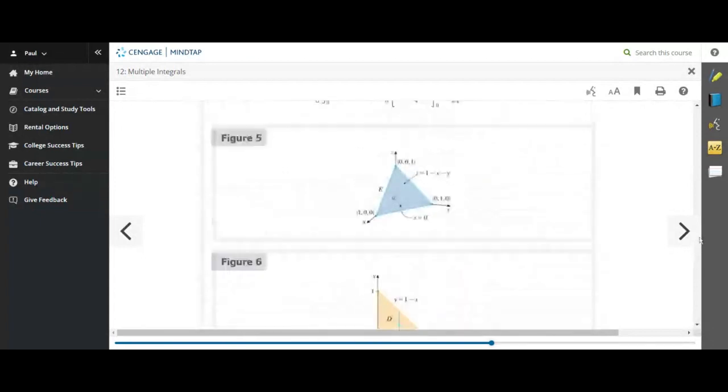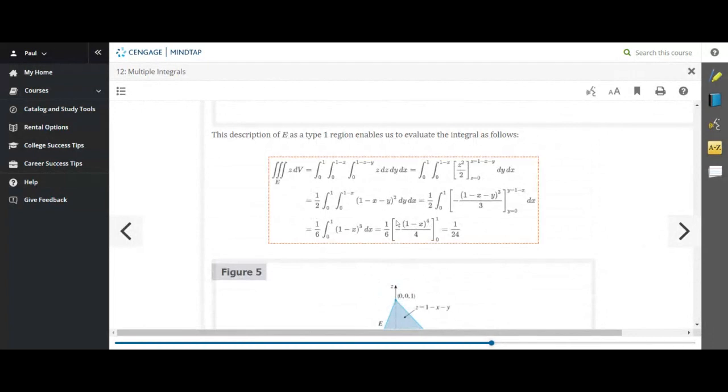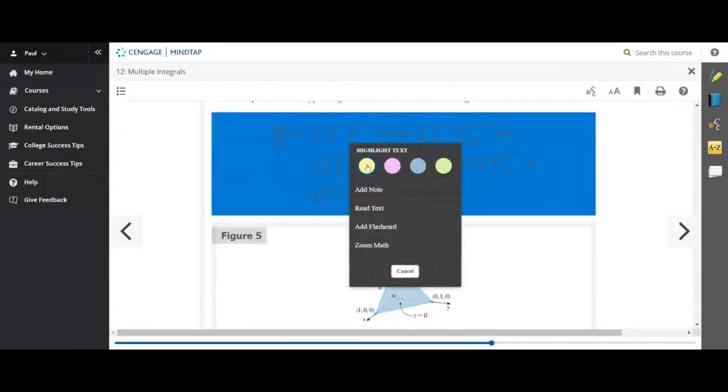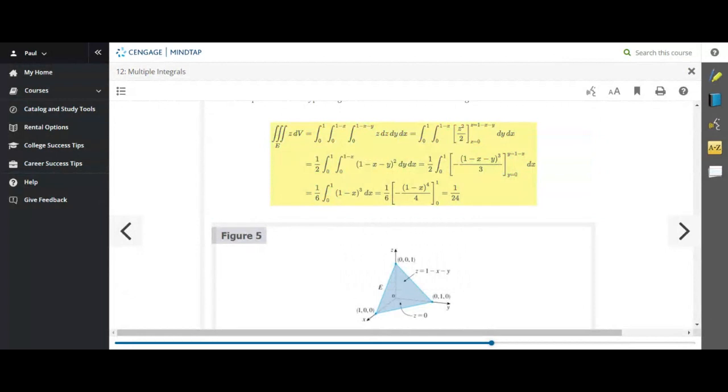Let me see here. Yeah, here is the integration work. Take a look at the integration work. So obviously they've left out some steps, right?